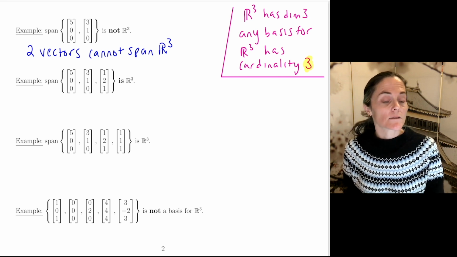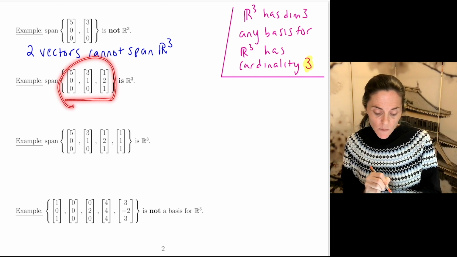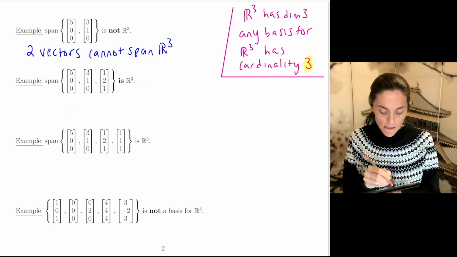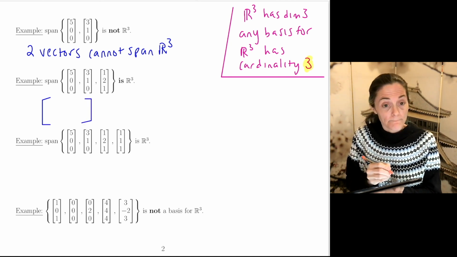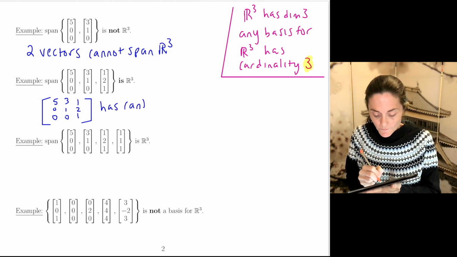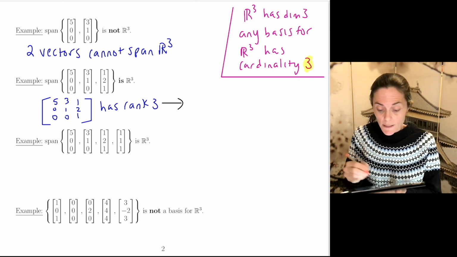Now, the next one, I have 3 vectors in R3, and I'm claiming the span of these 3 vectors is all of R3. Why would this be the case? Well, we can put them as columns in a matrix: 5, 0, 0, 3, 1, 0, 1, 2, 1. This has rank 3. And so this says the vectors are linearly independent.